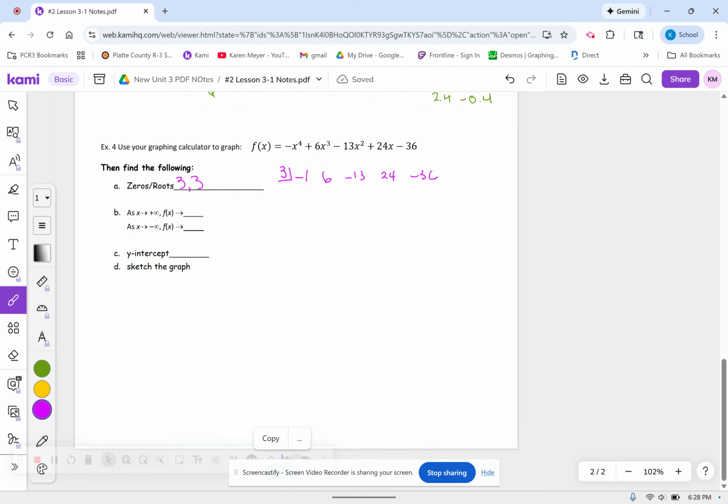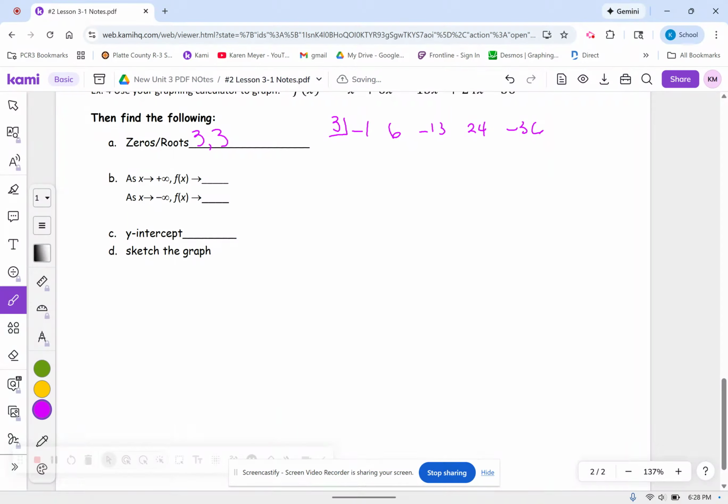Remember to drop your term, multiply, add, etc. And make sure you get a remainder of 0. And then you're going to do it again with 3 and get a remainder of 0.